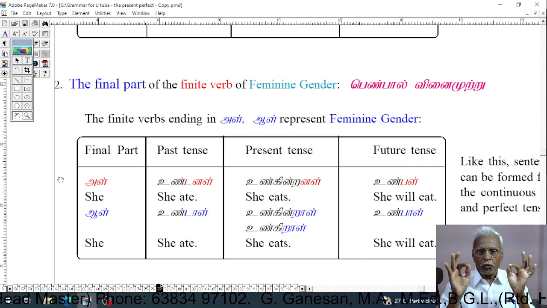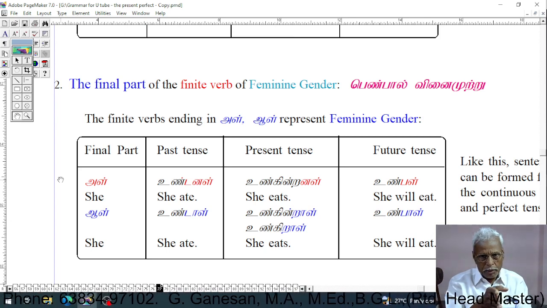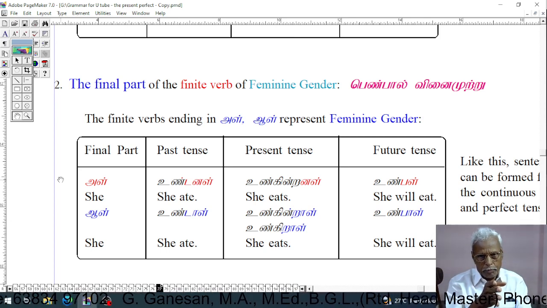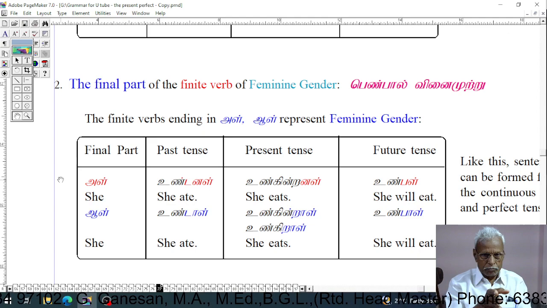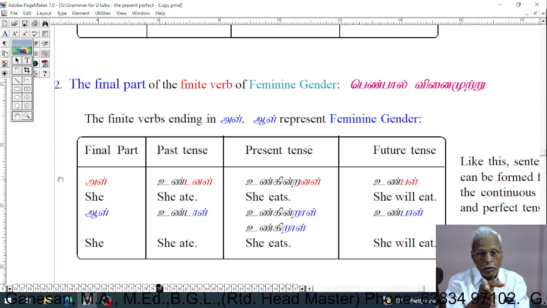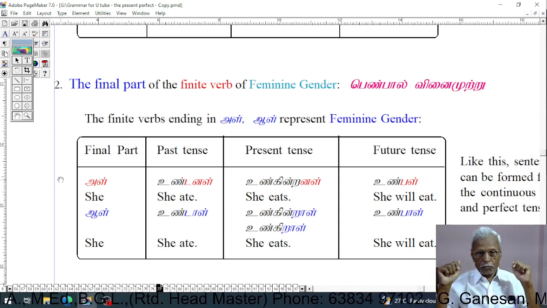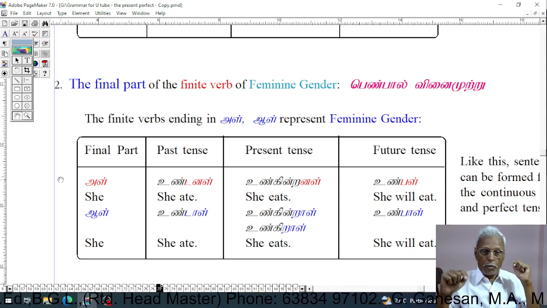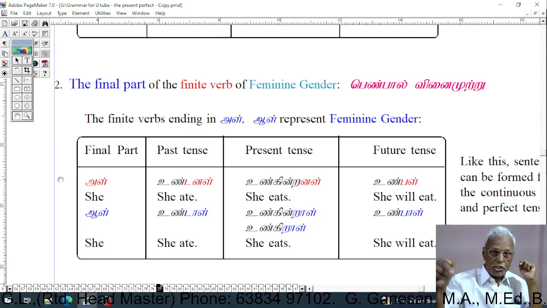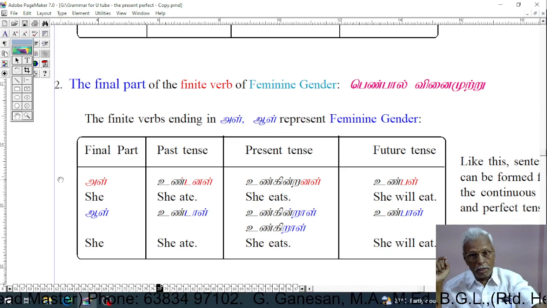So it is enough if you know that to refer to a girl or woman, we should finish the verb in aal. You see, undaal, ungiraal, unbaal, sapittaal, sapidugiraal, sapiduvaal, vandaal, varugiraal, varuvaal.